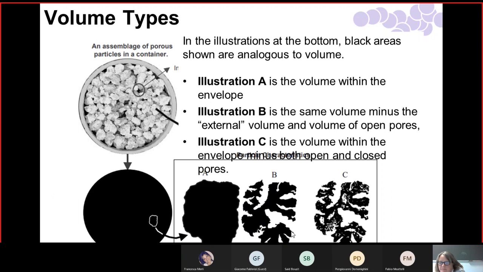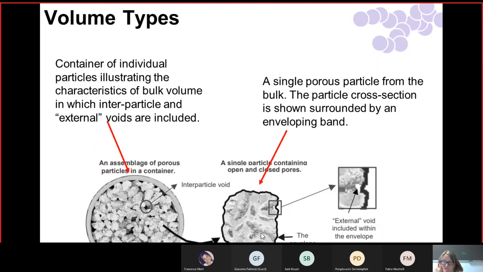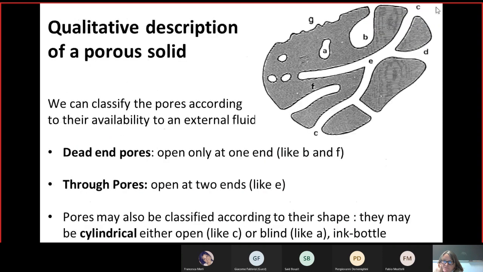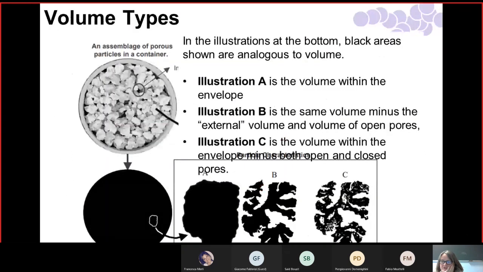The true or absolute volume is the volume within this envelope minus all of the open pores and minus all of the closed pores. Because we do have closed pores in here that we don't see, and those are pores like this. So in that last picture, we're just identifying the actual solid material.